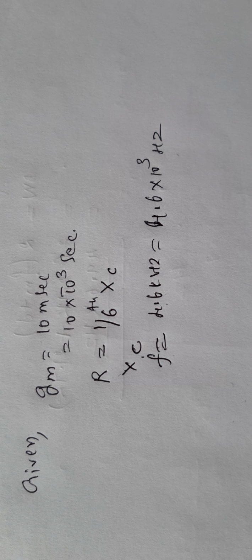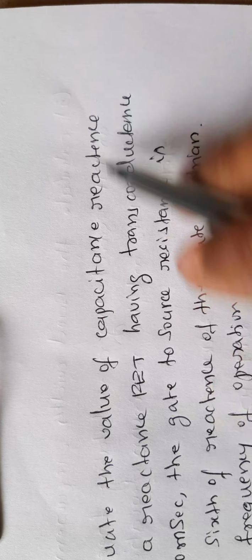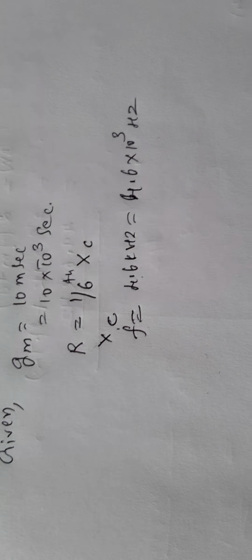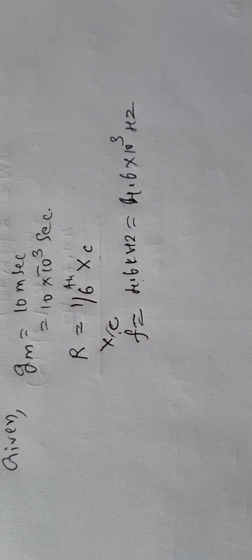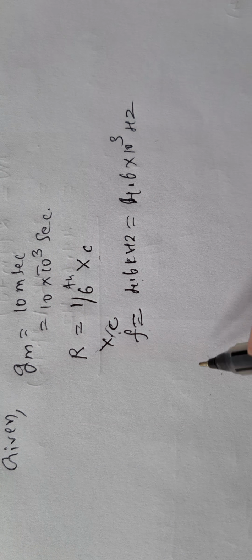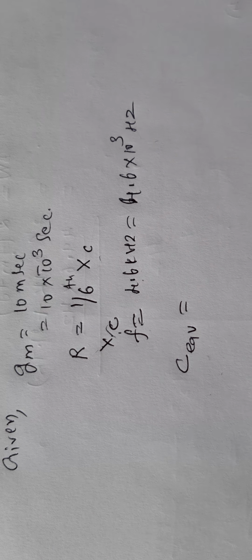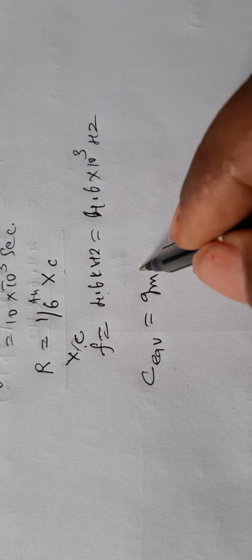How to calculate this? You have to calculate what? Evaluate the value of capacitive reactance. That is, we have to calculate Xc. And we know that the expression for C equivalent, the output value of a FET transistor, the capacitance, is given by gm into RC.